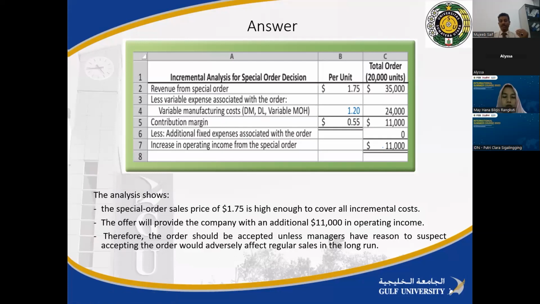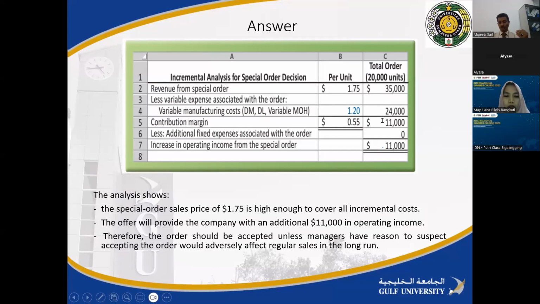That means the revenue that we will receive is higher than the expenses. That means we should accept this order, because the total revenue is 35,000 minus variable cost 24,000.